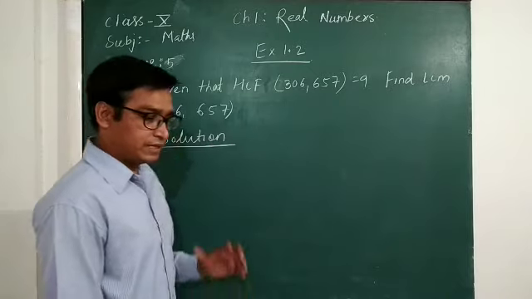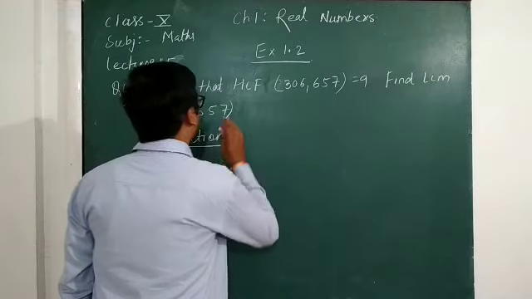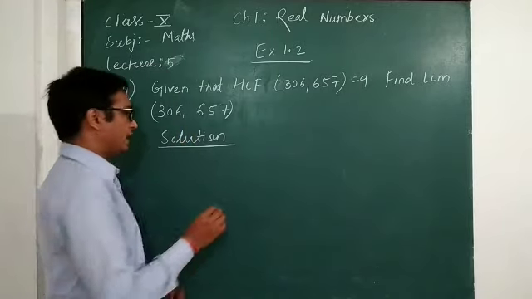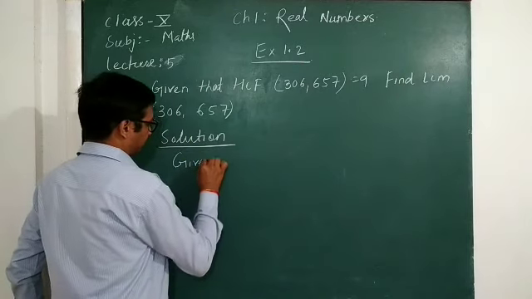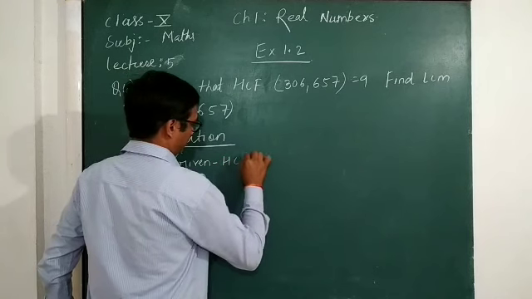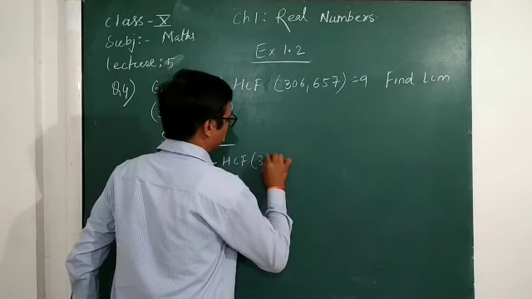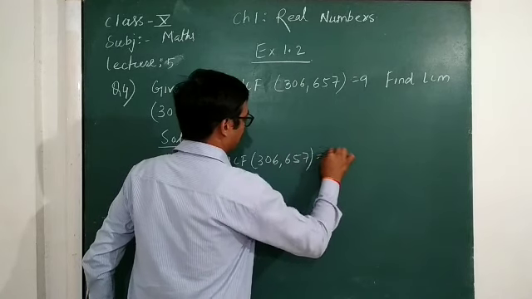Now, first whatever is given, we will write it here. So here the given data is: HCF of 306 and 657 is equal to 9.